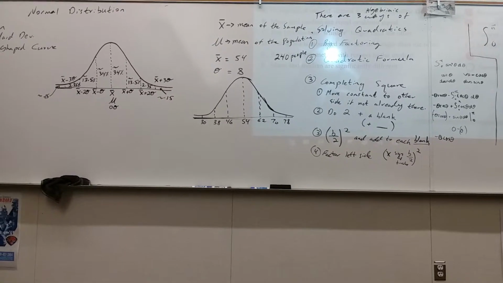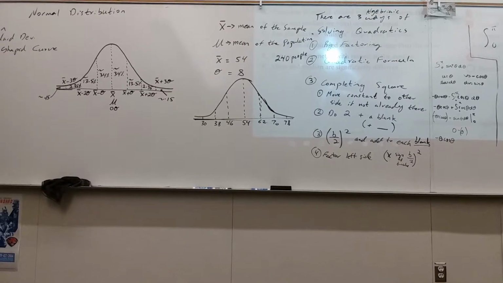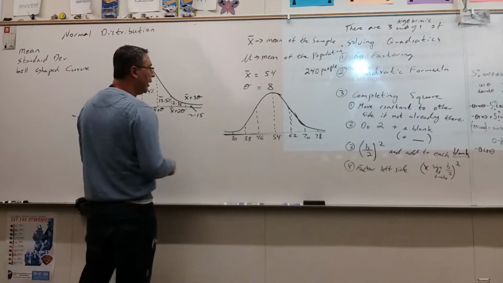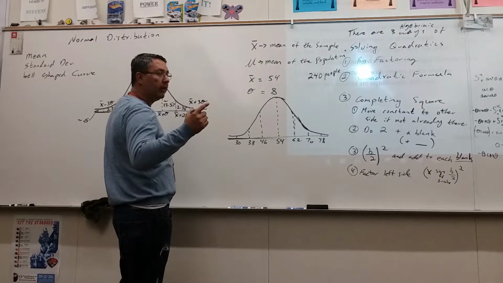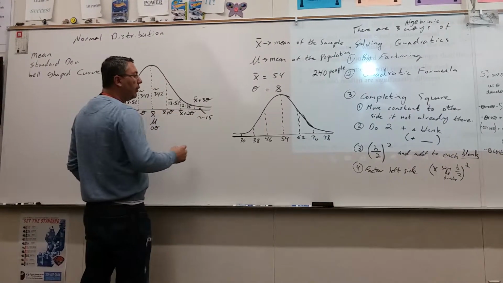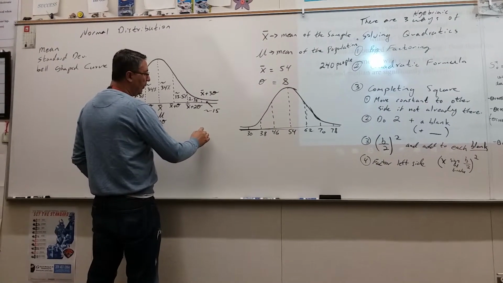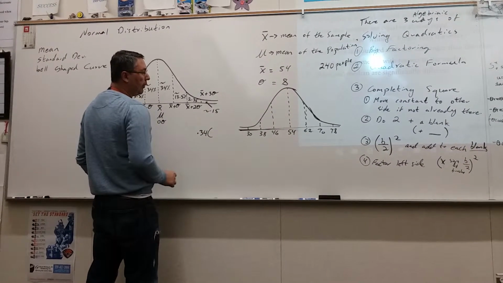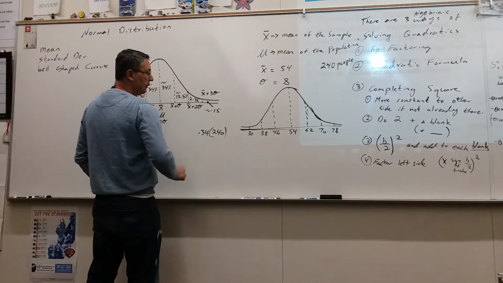You will not be crunching this with your brains. You will take a calculator and you will crunch this. Calculate the number of people. And what did I say, between 46 and 54? Okay? So what's the percentage between 46 and 54? 34%. And you're going to take 34% and multiply it by 240 people.